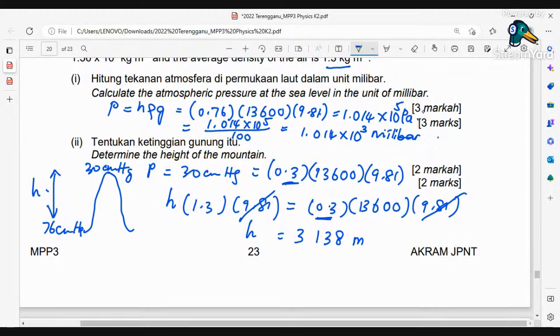So we need to calculate for that, which is 76 minus 30 is 46. 46 cm mercury, that means 0.46. Okay, so we get 4812 meter.